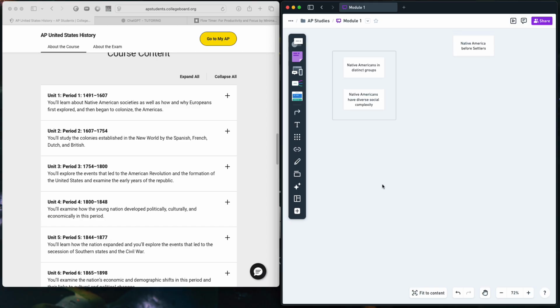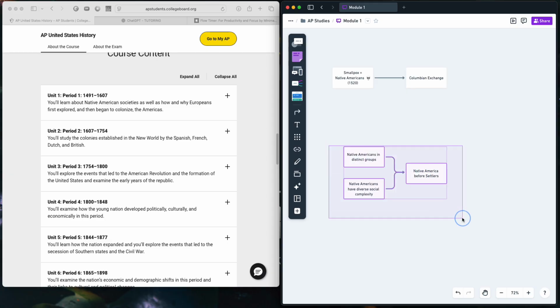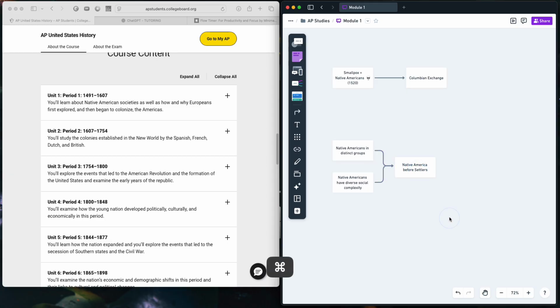So these are phenomenons that happen afterwards. So in this section, what I want to say is, this is what Native America was like before the settlers. And for the sake of our demonstration today, I'm going to make them very simple. I'll just point them towards one direction. Cool? Cool.